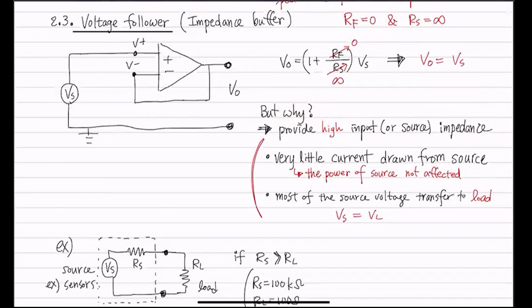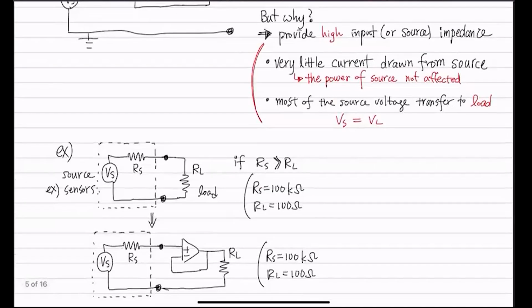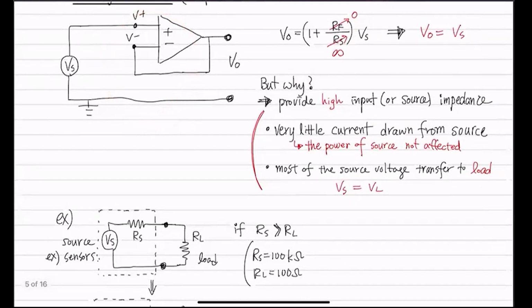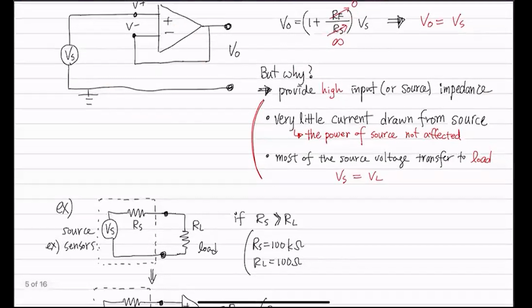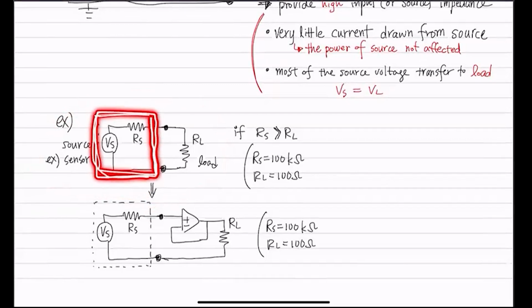But I'm pretty sure you're saying, hey, what are you talking about? So let's try an example to see what's going to happen if we use this and if we don't use it. Let's focus on this case. This here is some sort of sensor we are using, maybe a thermocouple, whatever sensor.